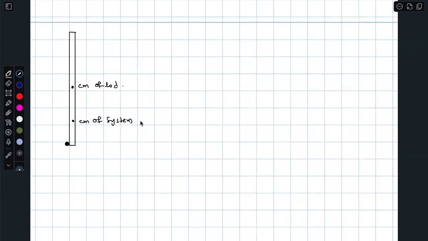They are different things. You assume that this distance is R1 and this distance is R2. Already we know from the characteristics of center of mass, R1 is capital M by capital M plus small m times L by 2, because the total distance is L by 2.